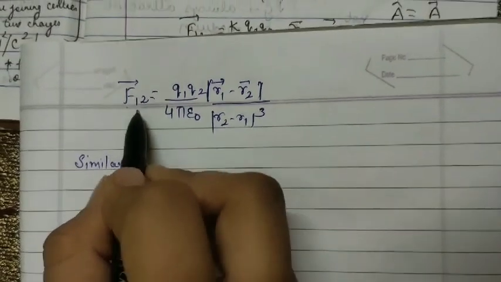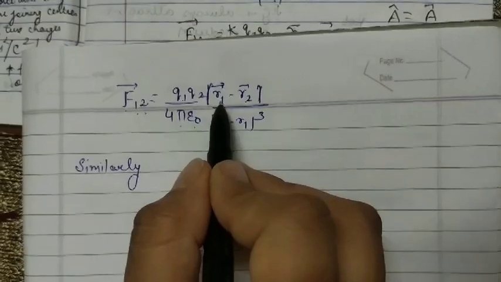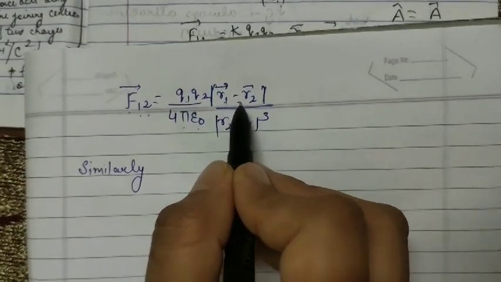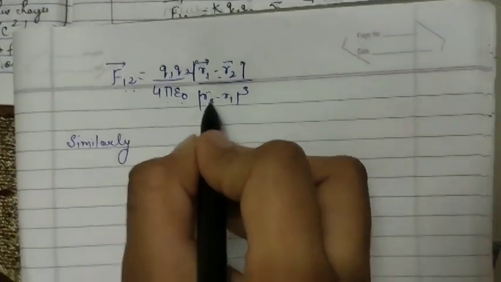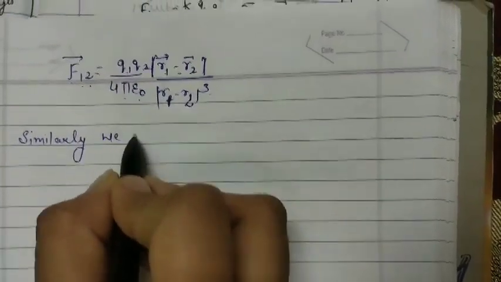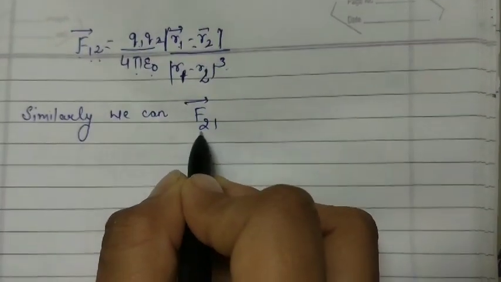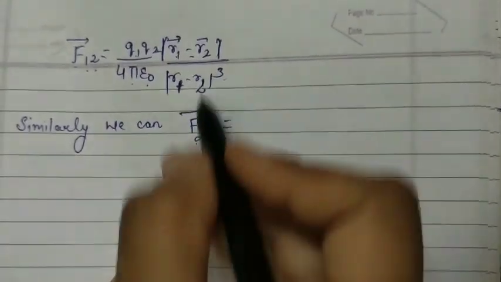As force F12 is equal to Q1 Q2 upon 4 pi epsilon naught R1 vector minus R2 vector divided by R1 minus R2 cube. Similarly, we can find force F21, the force on the second charge due to the first charge.